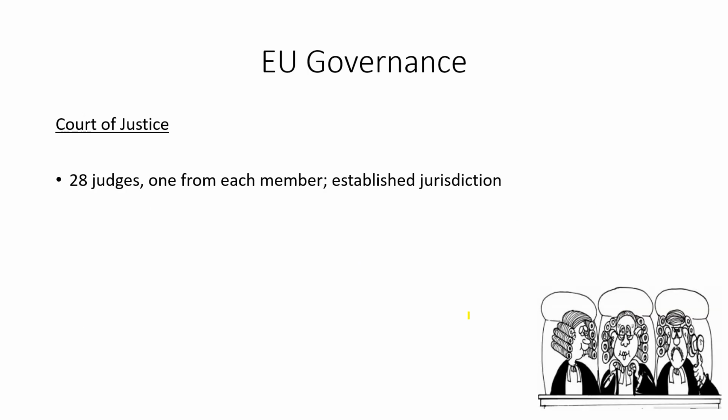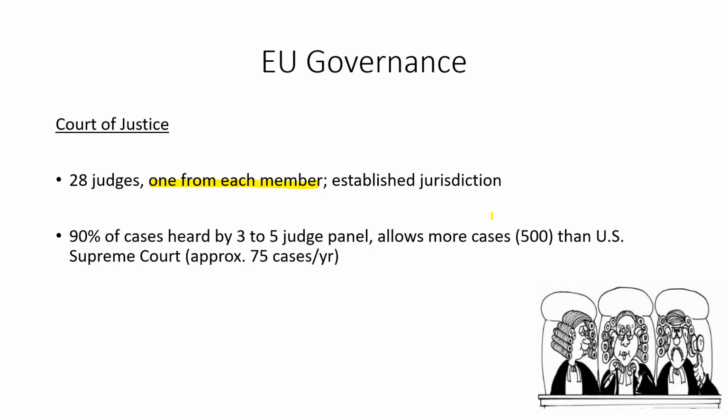Now let's look at the European Court of Justice, which is the independent arm interpreting the law, much like our Supreme Court functions in the United States. Again, we have 28 judges, one from each member state, and they have an established jurisdiction over their particular territories. 90% of the cases are heard by a 3 to 5 judge panel.